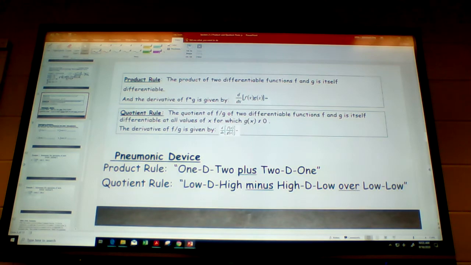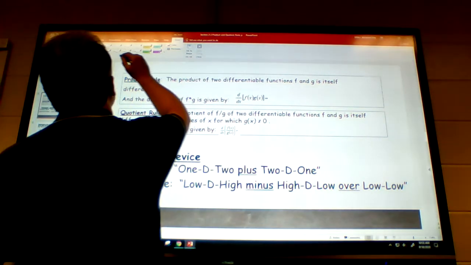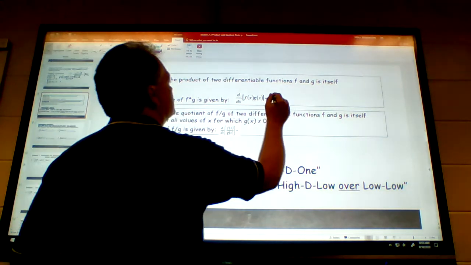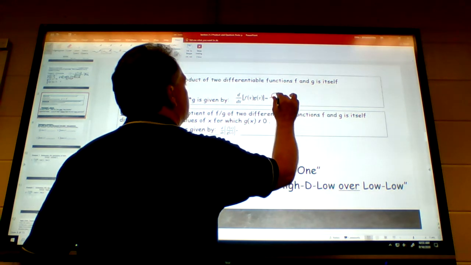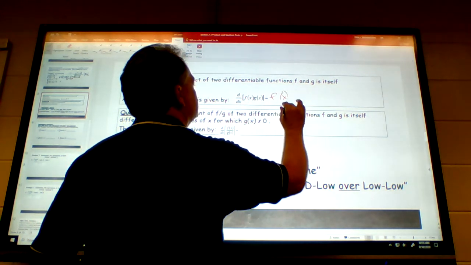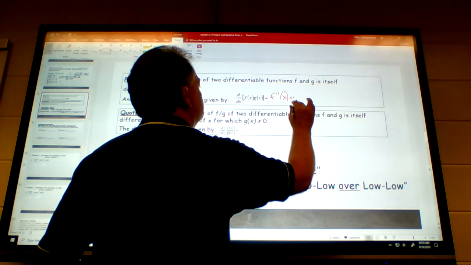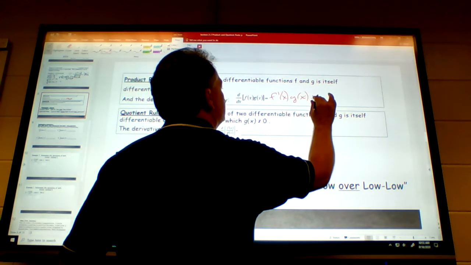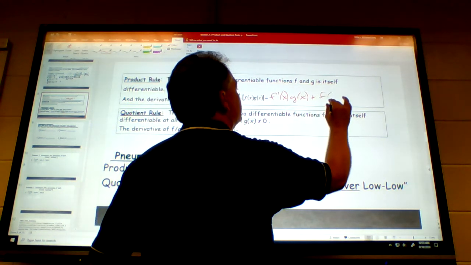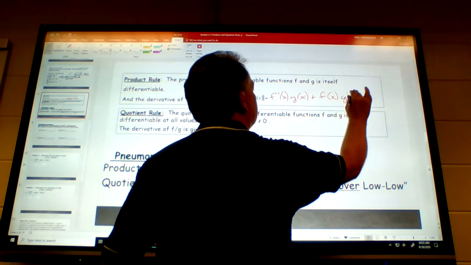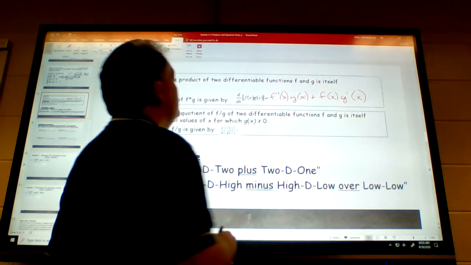We got the product rule, which is f prime of x g of x plus f of x g prime of x. That's the product rule.